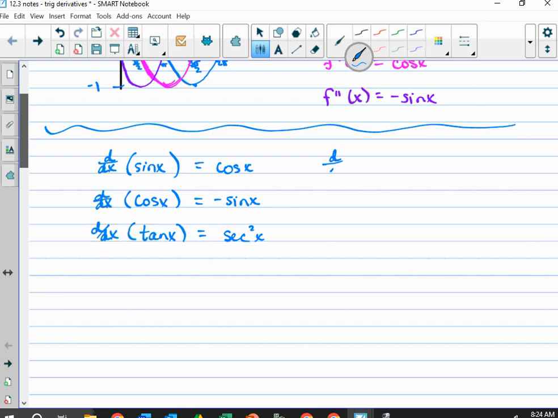All right, d dx of cosecant. That is negative cosecant times cotangent. That would not be a fun one to find graphically. d dx of secant is secant of x times tangent of x.